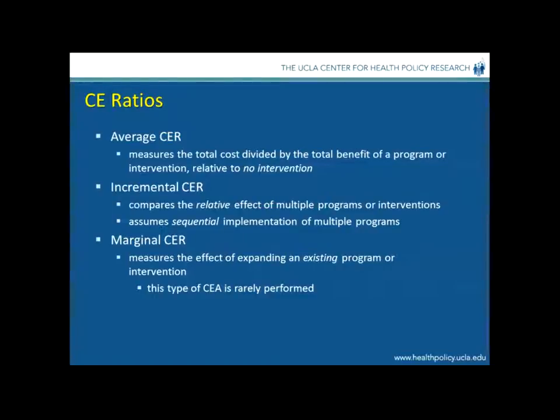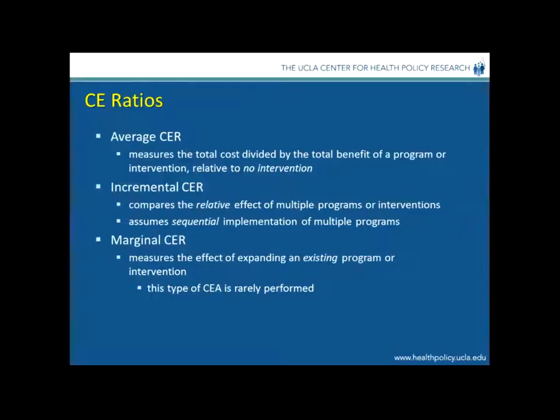You might see this sometimes in the literature, but these are not as meaningful. Really, ICERs are the ratios that you want to make sure you're reading about. These are relative to other programs or other interventions. And in some cases, doing nothing might be appropriate. It just depends on the intervention.